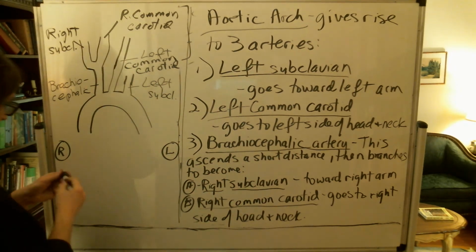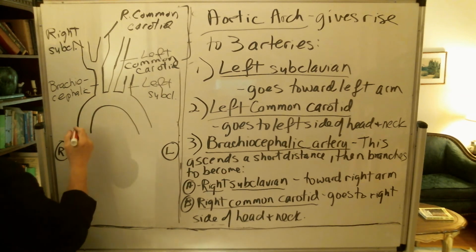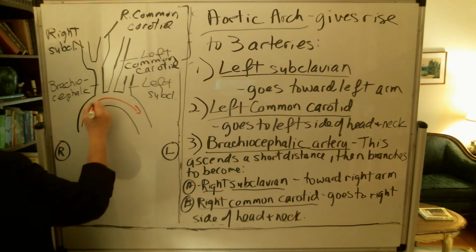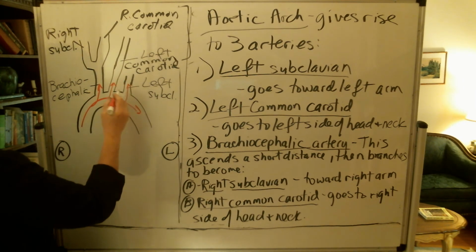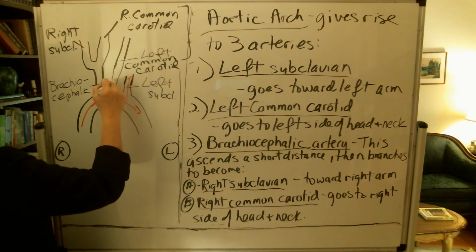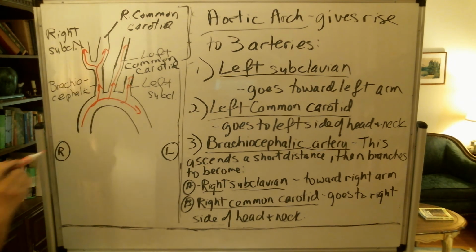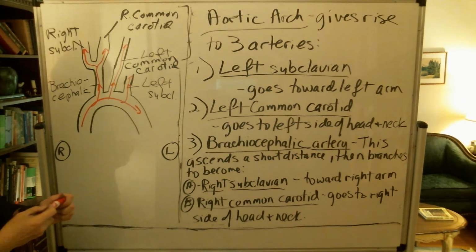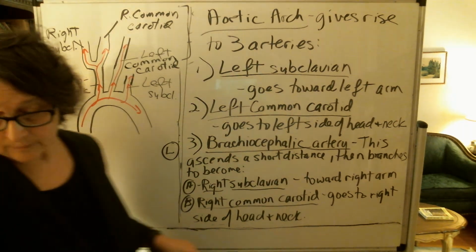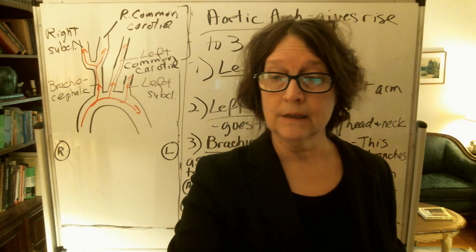So you eventually wind up with that arterial blood going where it's supposed to go, but you have 3 arteries on the arch, which eventually become the 4 arteries that are supplying your upper body. And that is it for this lecture.